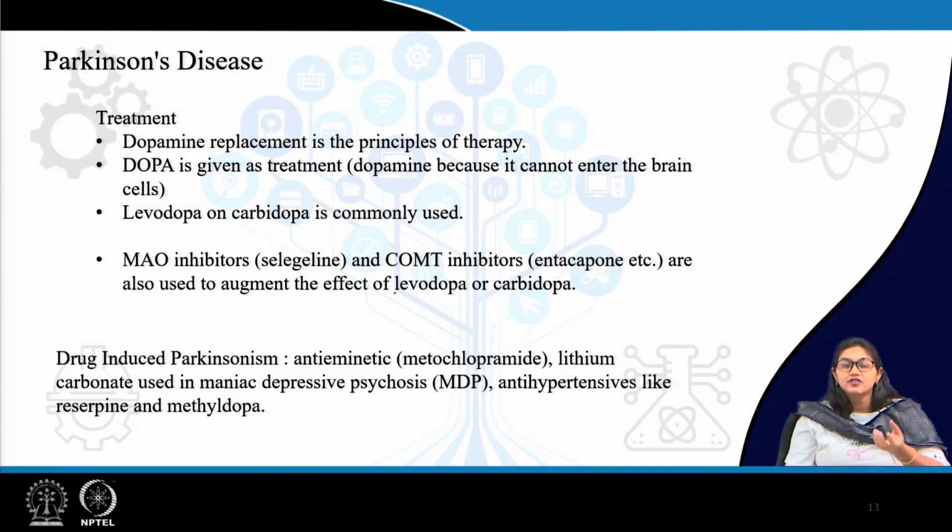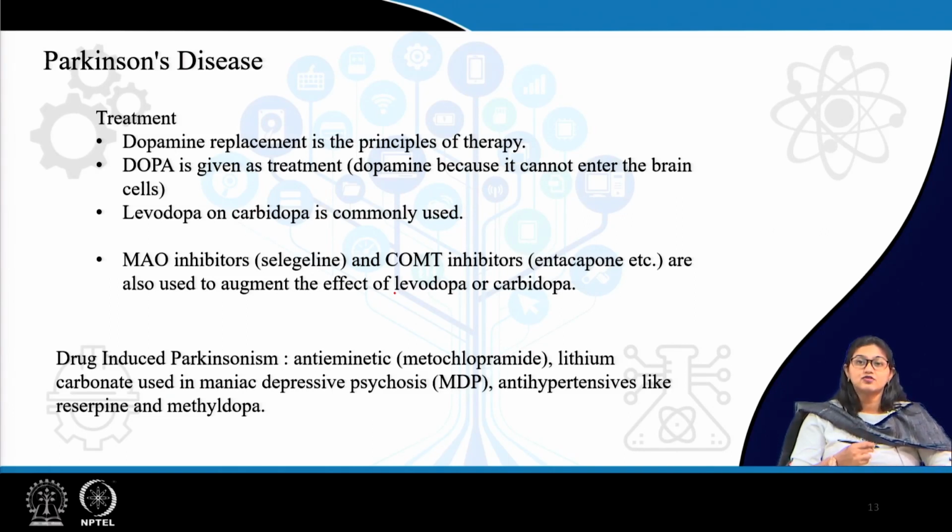So, dopa is given in the form of carbidopa or levodopa. These are the drugs which are given as dopa supplement, and when it crosses the blood brain barrier, it forms dopamine. Apart from that, there are also MAO inhibitors and COMT inhibitors.